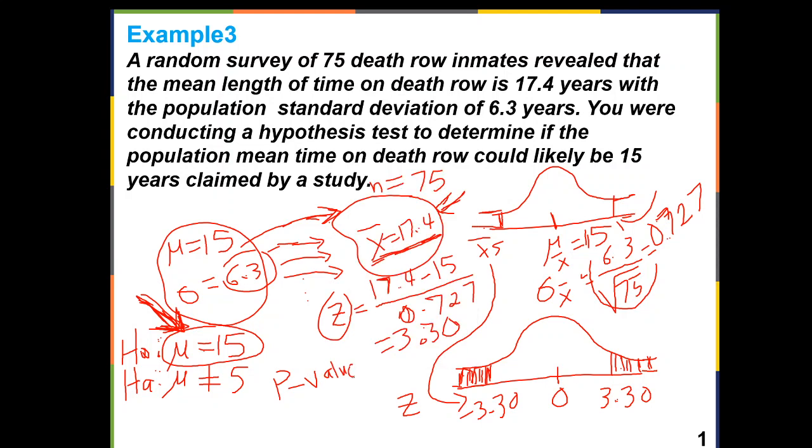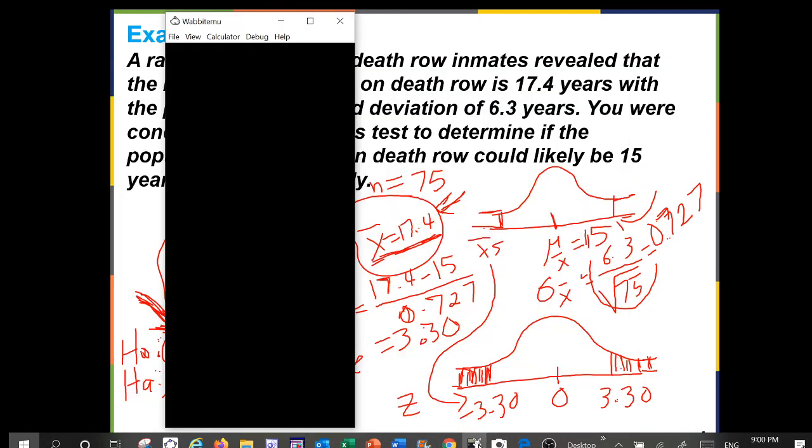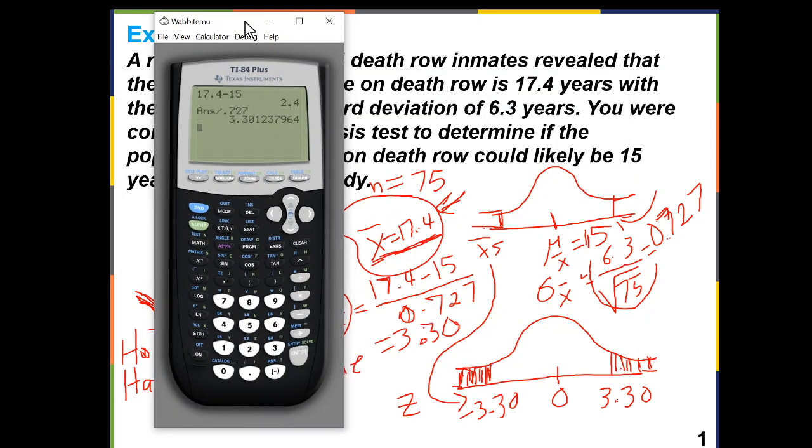Now, if that number is really small, we are going to refute this null hypothesis. Now, is that number small? Yes. How do we find how much area that is? Well, we have to find how much area is to the right of 3.3 under the standard normal distribution, which you learned in chapter 6.